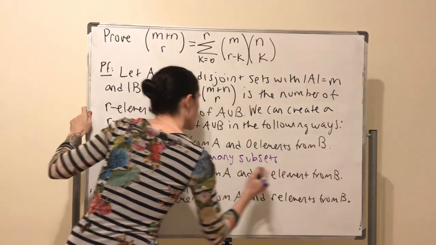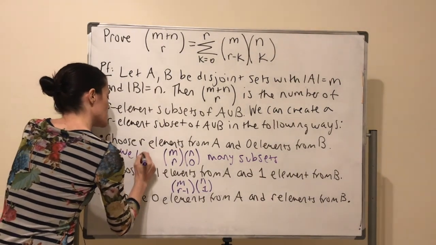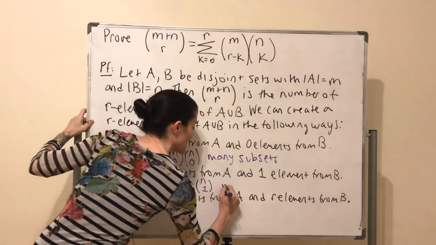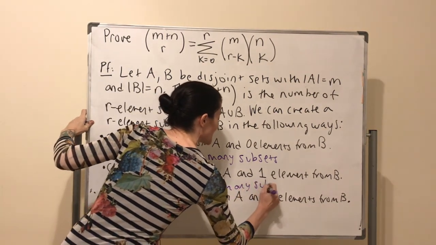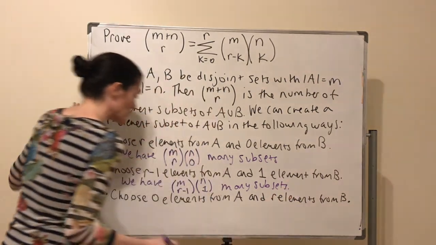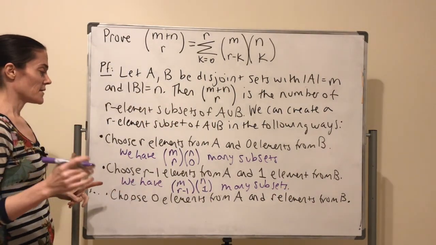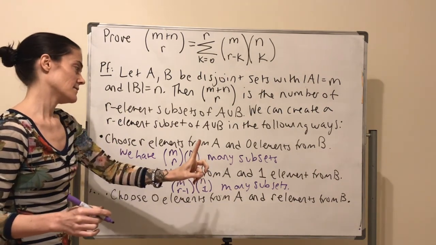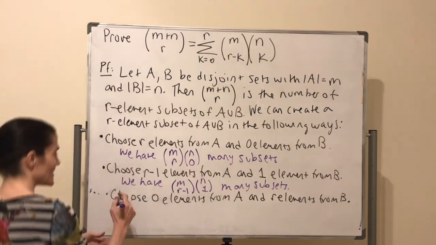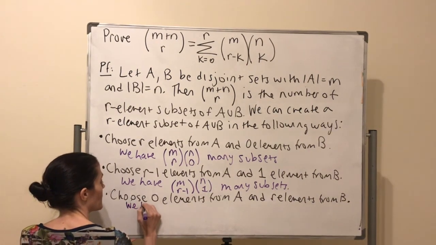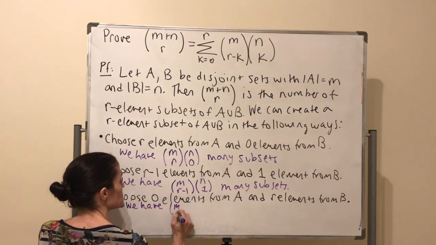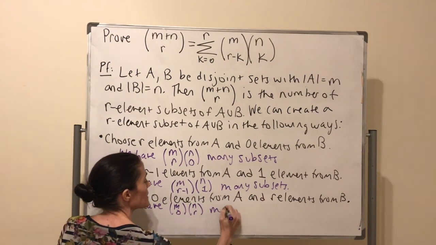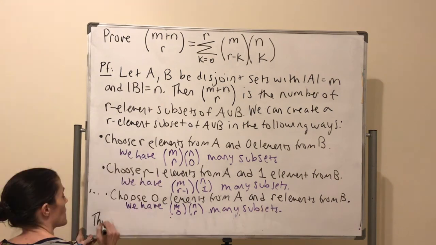And then in the second one, we have this many subsets. Okay, and this would continue until the very end. We would have M choose 0 times N choose R many subsets of this type.